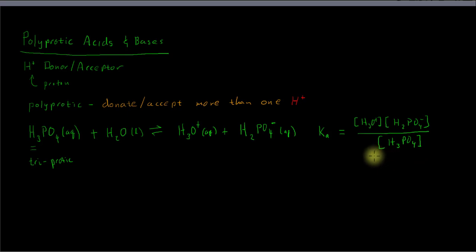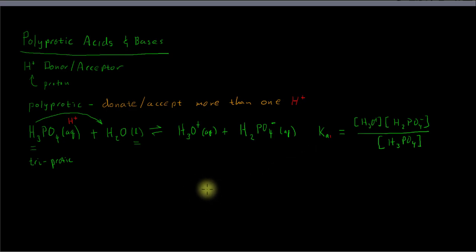Remember, we don't include the water because it's a pure liquid, and when we account for standard states, it divides out of this expression. So because this is the first proton being donated, out of a possible 3, we need to keep track of that. And so we're going to add another label to our little subscript here. We're going to call this Ka1. So 1 is for the first proton being donated.